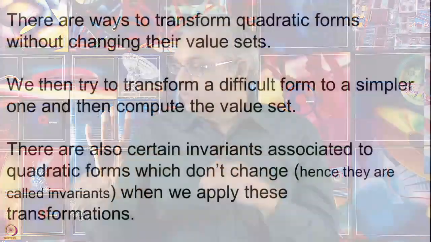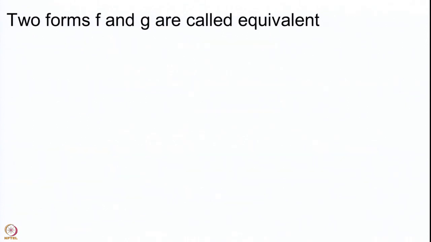It may happen that you start with a simpler form, apply the transformation and you may get a difficult form. So the transformation should not be only one way, it should be both ways, an invertible transformation. We will see that there is a way to define this transformation, and a relation that you can put on the set of binary quadratic forms, which will also help you compute the value sets. So this is what we are going to do.